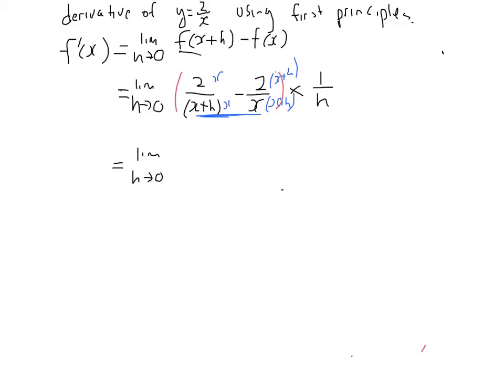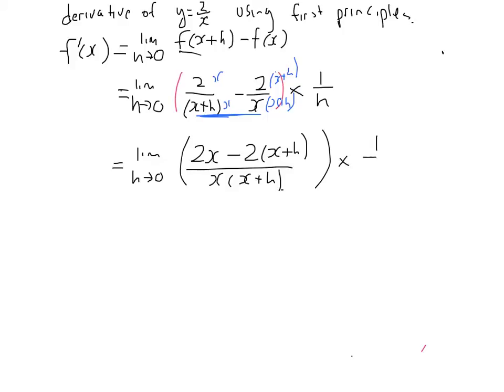So this whole thing combined will now become 2x, take away 2 bracket x plus h, all over x bracket x plus h, and then all of that is multiplied by 1 over h.